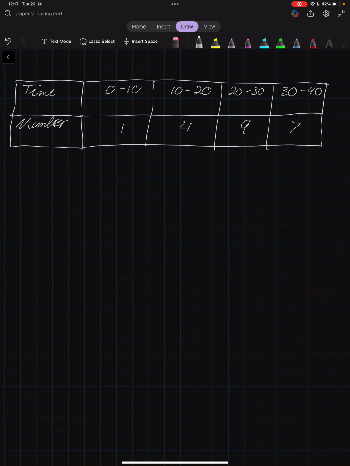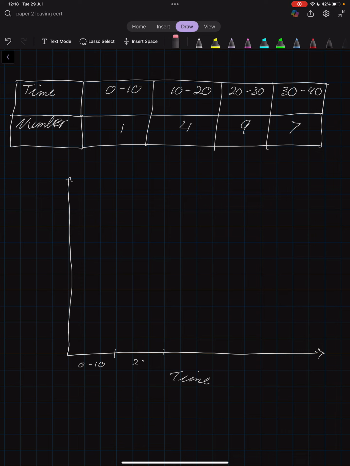And then to do a histogram is just a bar chart but with no gaps. Okay, so you would have time down here. So here would be the 0 to 10, here's the 10 to 20, 20 to 30, and then 30 to 40.